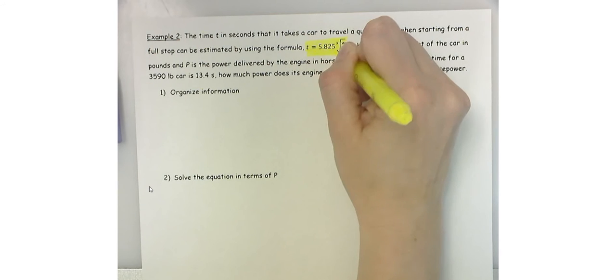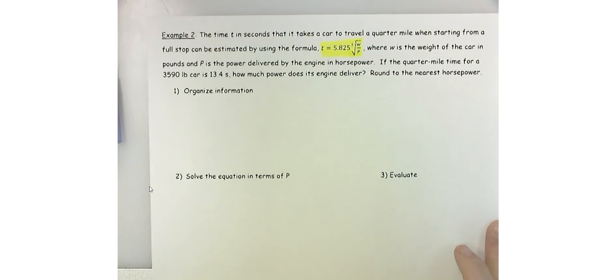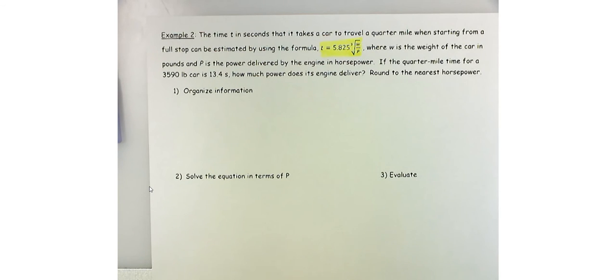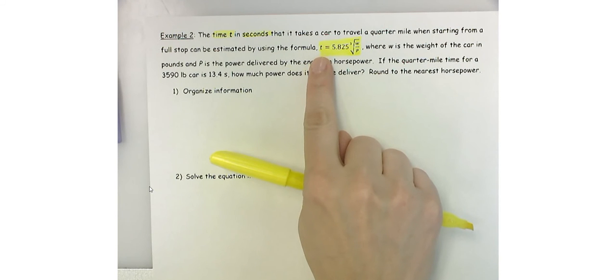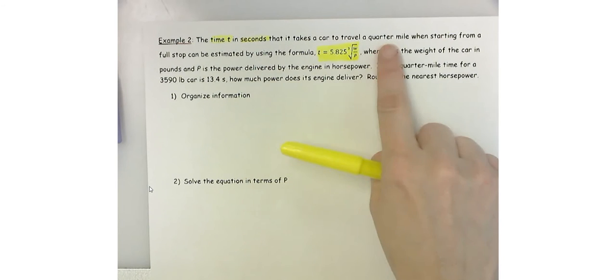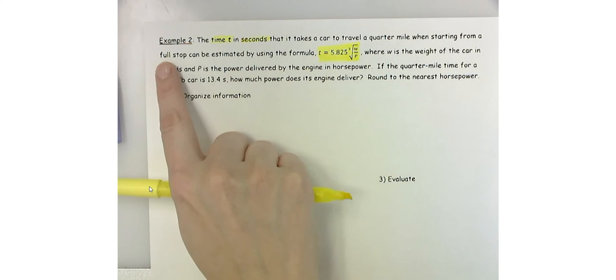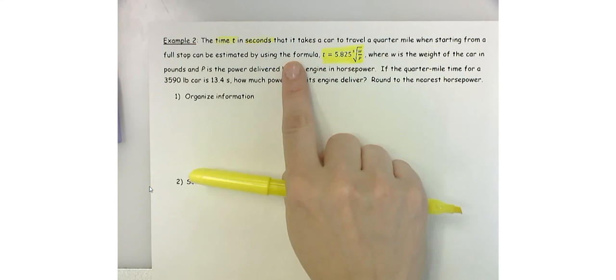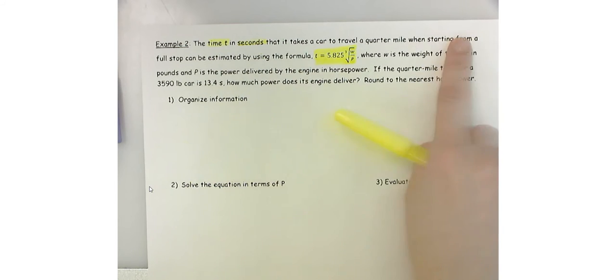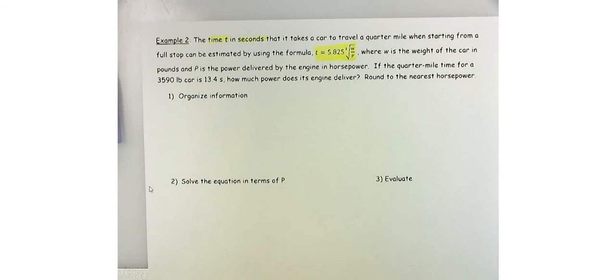The time t in seconds that it takes a car to travel a quarter mile when starting from a full stop can be estimated by using the formula. So you do have a lot of extra information here. It's saying that the time in seconds is how long it takes the car to travel a quarter of a mile when you're starting from a full stop, but that's not necessarily something that you're going to plug in.